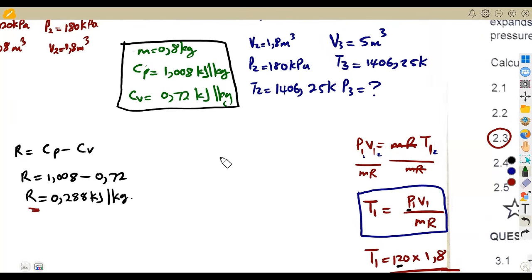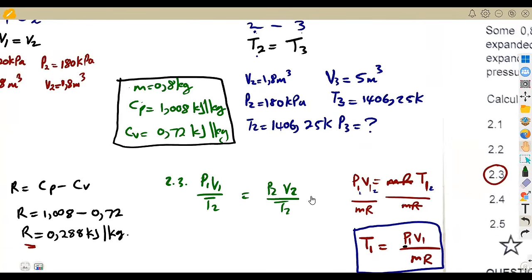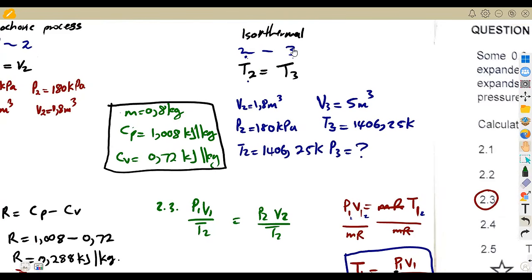Let us talk about this formula again that we listed before, 2.3. Remember, I listed the formula P1 V1 over T1 is equal to P2 V2 over T2. So we are talking about the first stage and the second stage. This time we are talking about the second stage and the third stage.